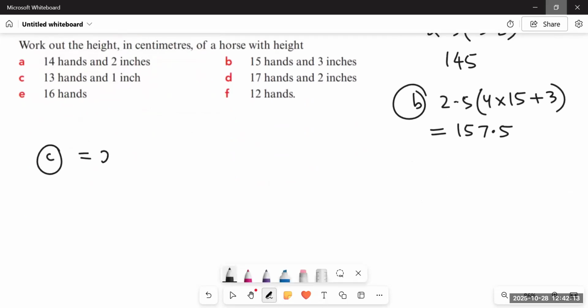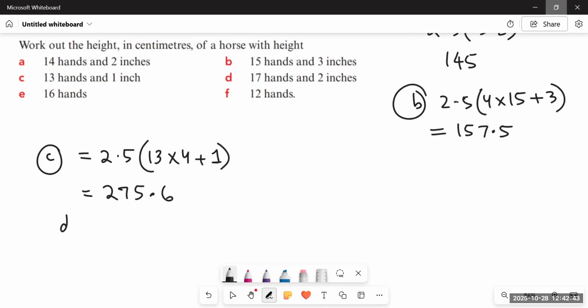So it will be 2.5 multiplied by 13 multiplied by 4, which is 52. And then add 1 to it, it becomes 53. 53 multiplied by 2.5, the answer is 132.5. Okay, 13 multiplied by 4 plus 1.